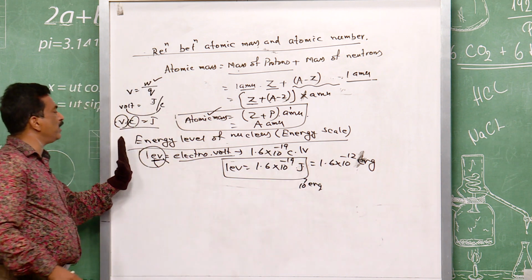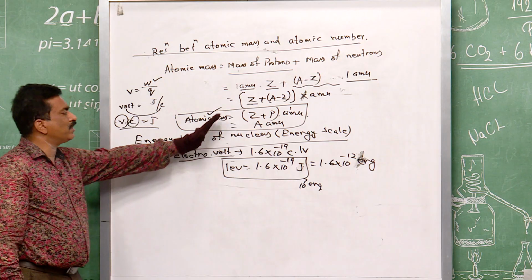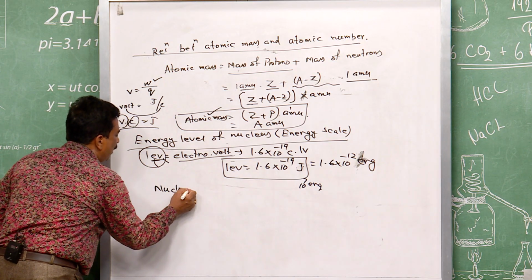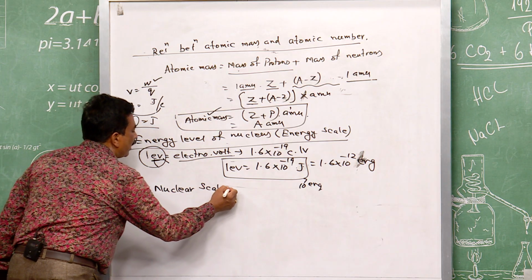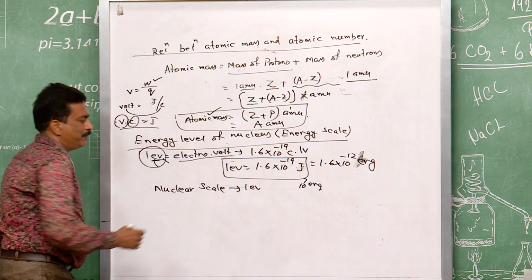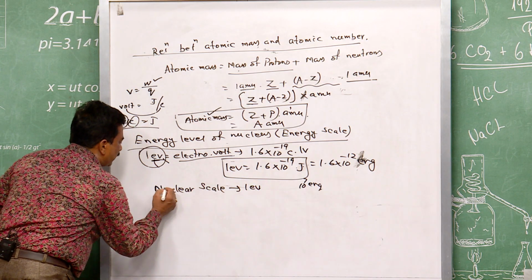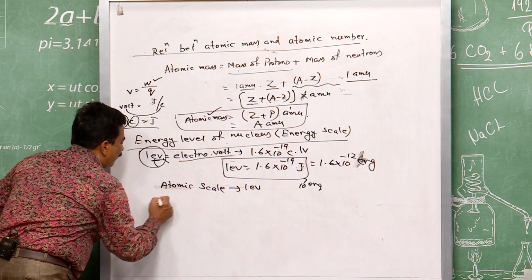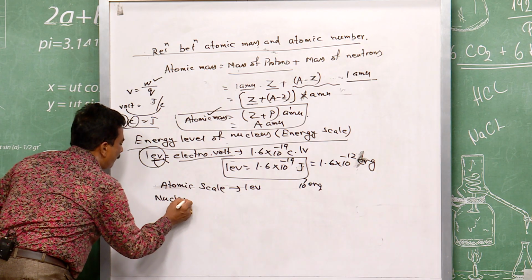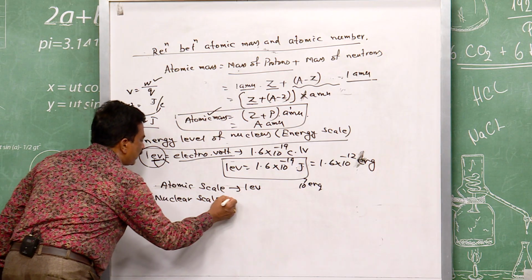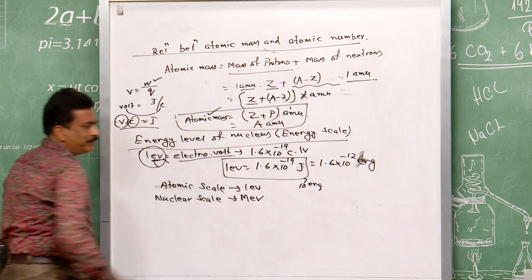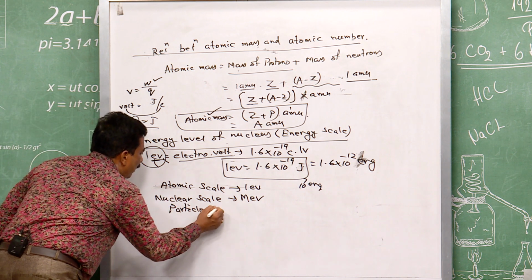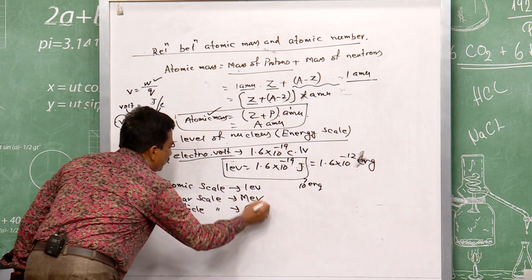This is the common unit of the energy level in nuclear physics. So in nuclear physics, for the nuclear scale, the energy is 1 eV. But for the atomic scale, and for the nuclear scale, that is equal to MeV, and for the particle scale, that is GeV.